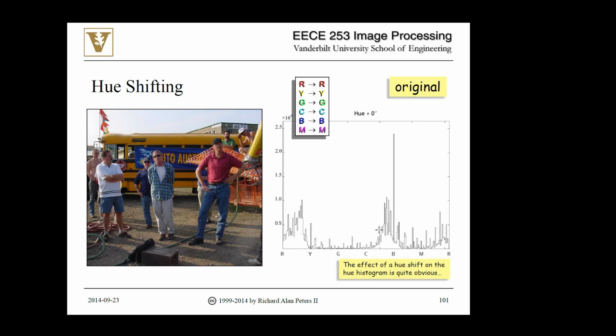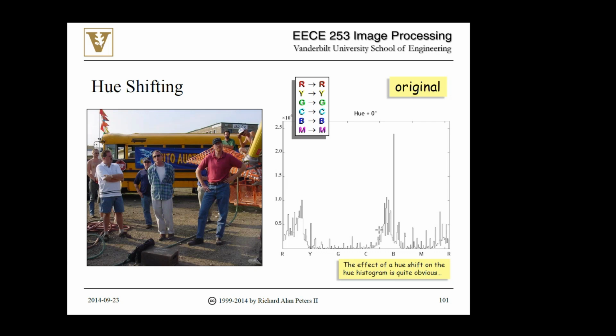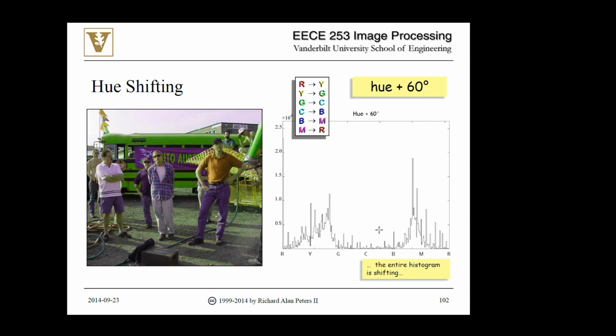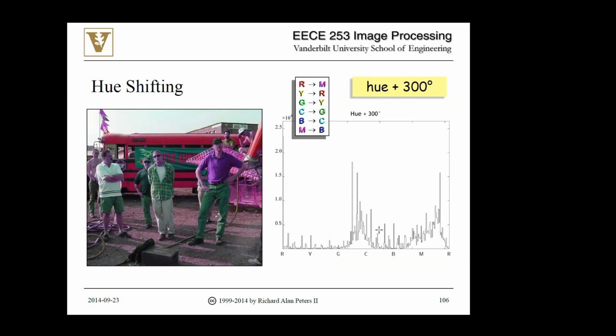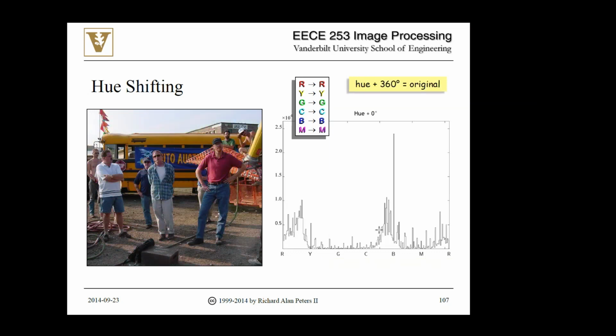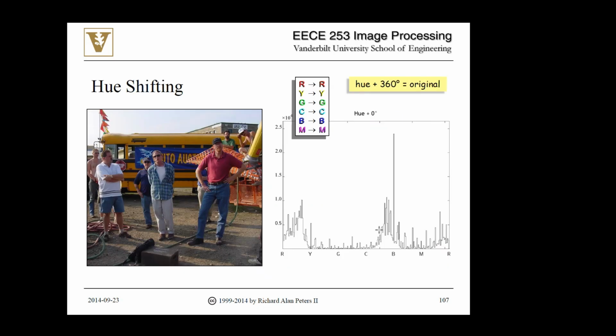Now you make a histogram of the hue. You don't care about the saturation. It is the histogram of the hue. This is the original histogram. When you add 60 degrees to the hue, everything shifts to the right by 60, then 120, 180, and so on. Okay, any questions here?